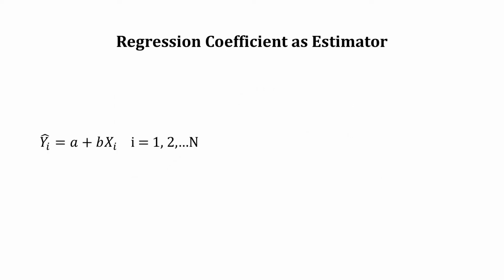When I estimate the bivariate regression for n observations, y hat, a, and b are all estimators because they are functions of random variables. This is easy to see in the context of the ordinary least squares regression technique.